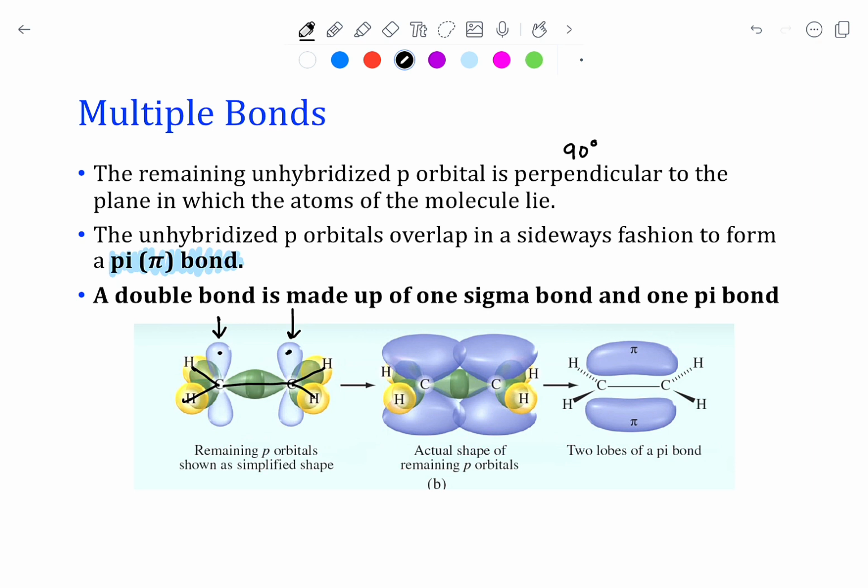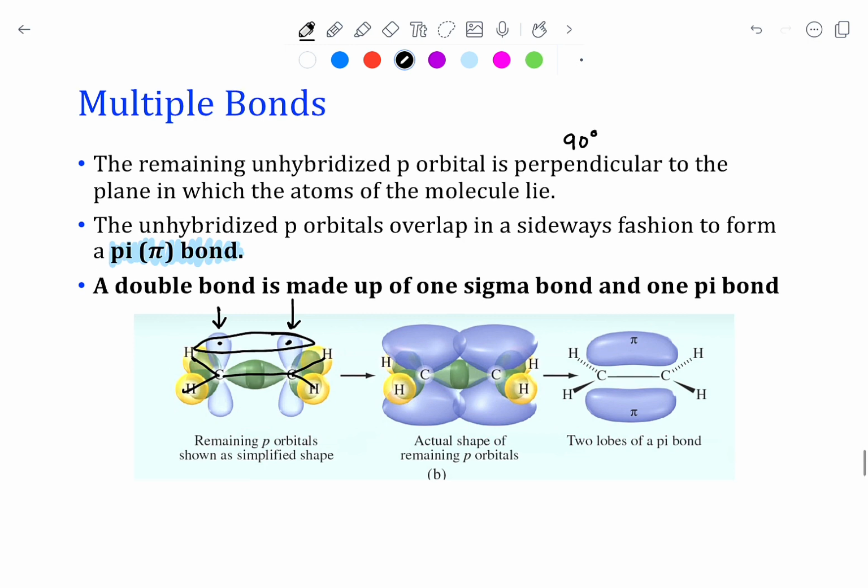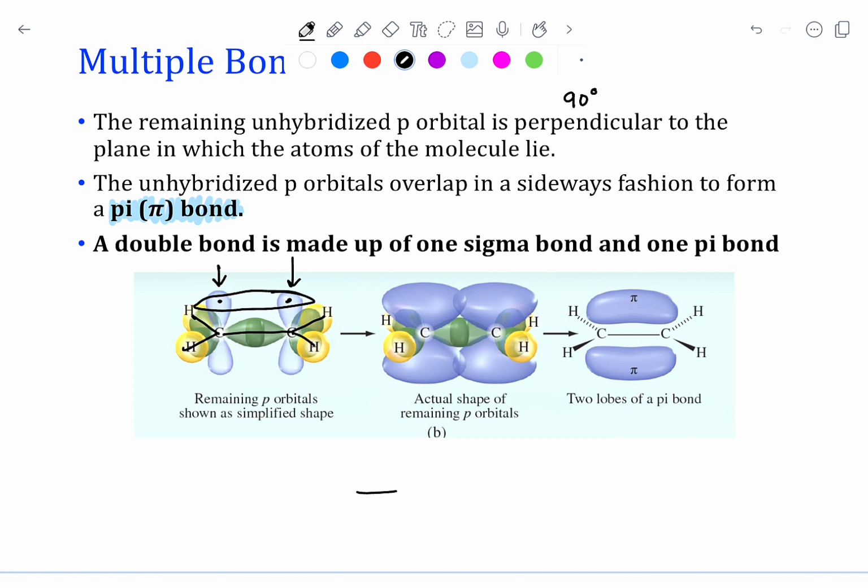So they're going to form that double bond by being next to each other. The unhybridized p orbitals overlap in a sideways fashion, and they form a pi bond. So a double bond is made up of one sigma bond and one pi bond. I like to draw this where here's my double bond.